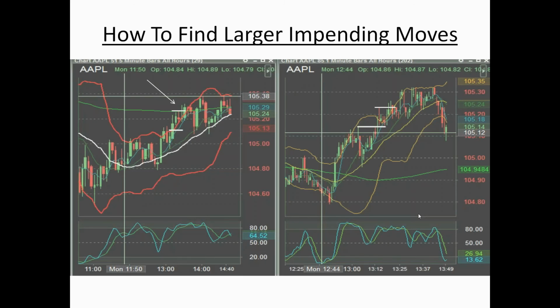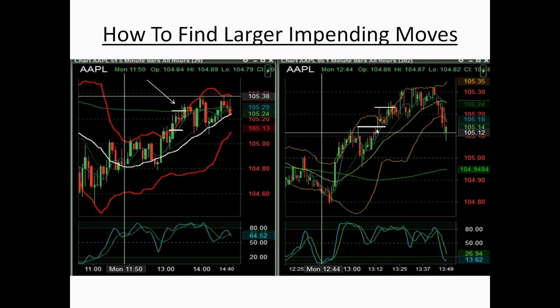All right, and you can see here how we have a type of setup here for a pullback. So most people would have got in on the 1 minute, and they would have took potential targets at the upper BB, right around here. Now at the same time, at around 115, and this chart's a little bit choppy. This market hasn't been so good, so I didn't have much of a choice, or a selection, I should say.